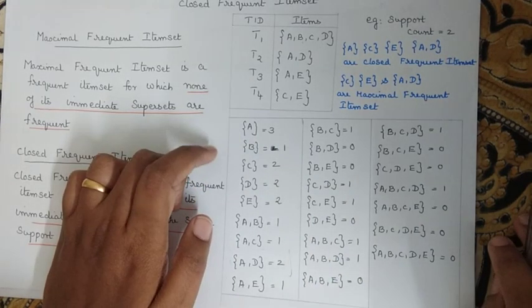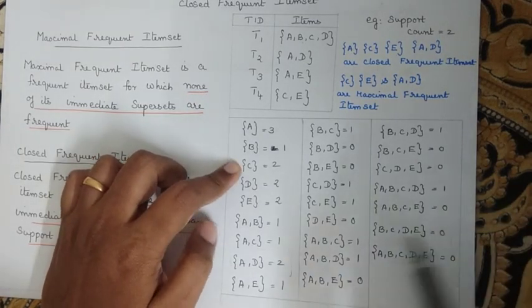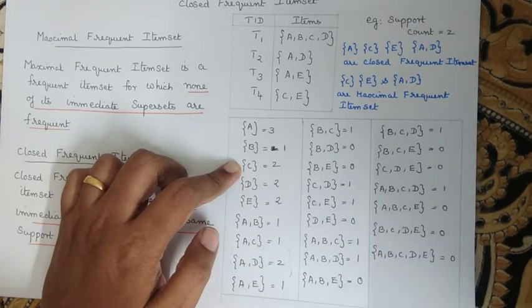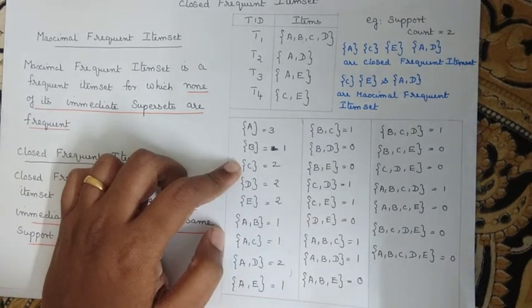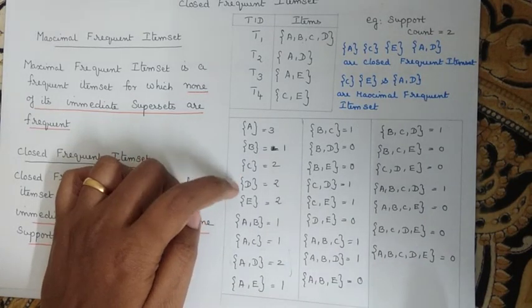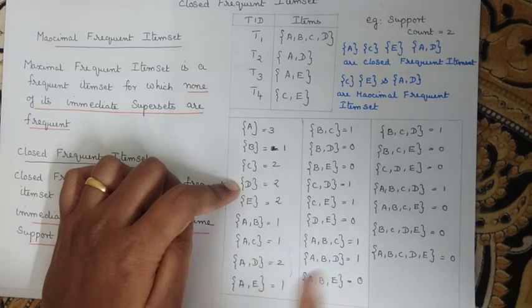In the same way I move on with B, and then with C. When I come to C, I check the immediate supersets of C. None of the immediate supersets of C are frequent, so I can take C as a maximal frequent item set. In the same way for D, one of its immediate supersets is frequent.